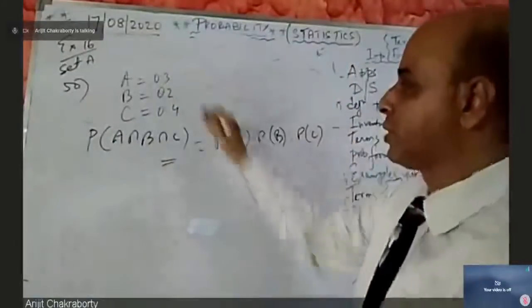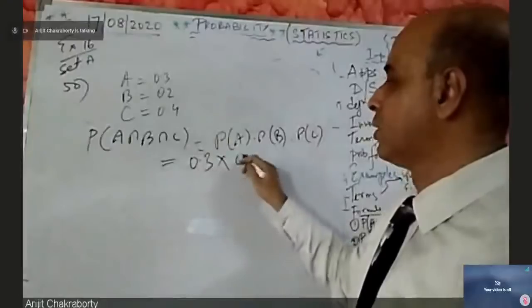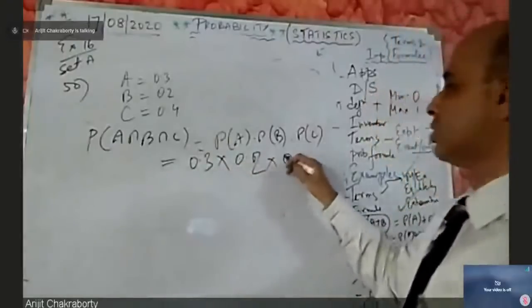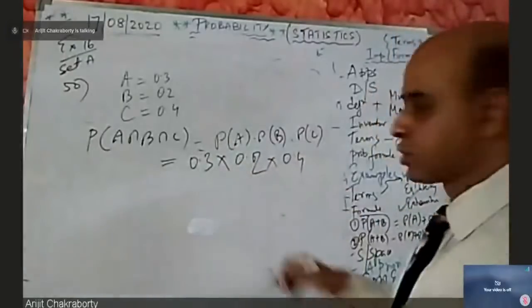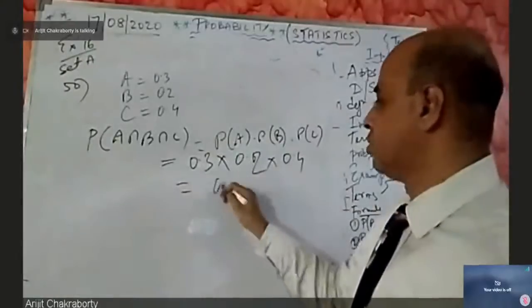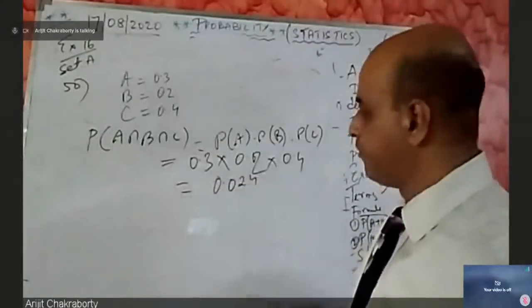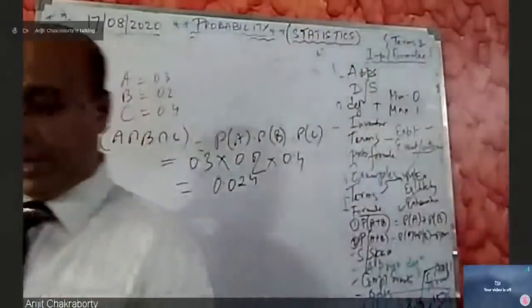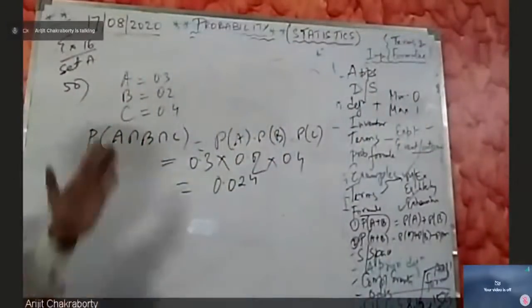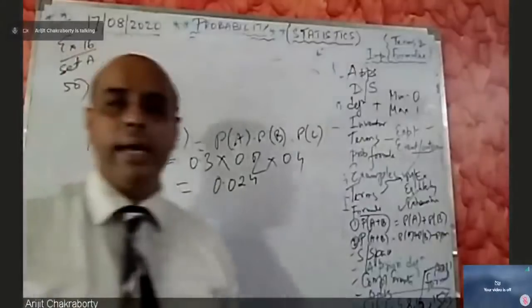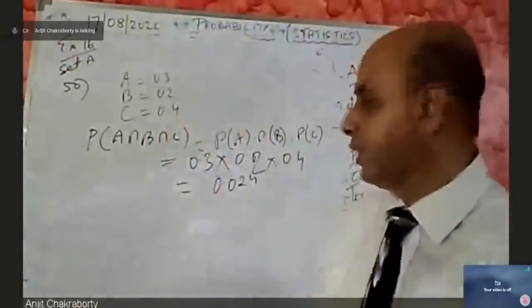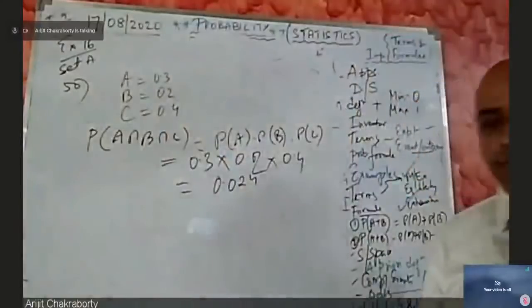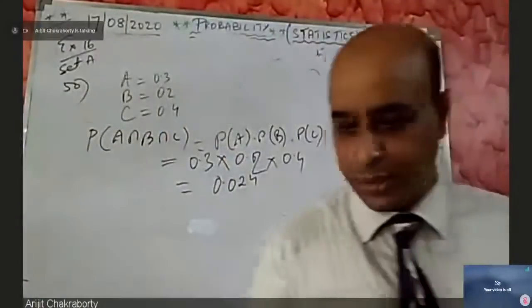So just a product of 0.3 into 0.2 into 0.4, which gives you 0.024. It's a simple question of independent events; we apply the product formula and arrive at 0.024. This is number 50.